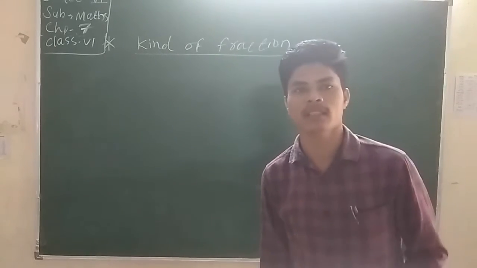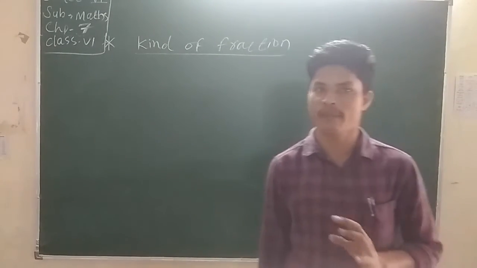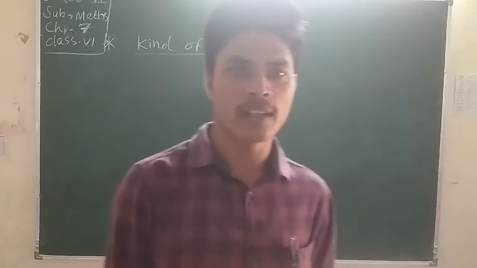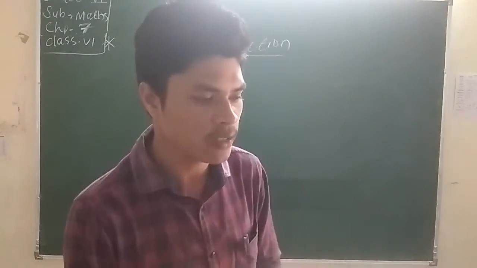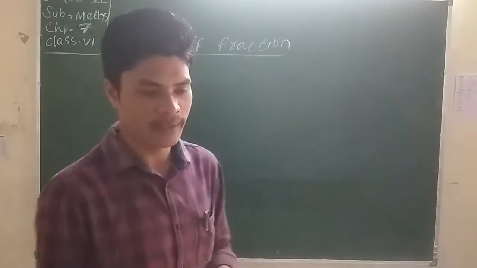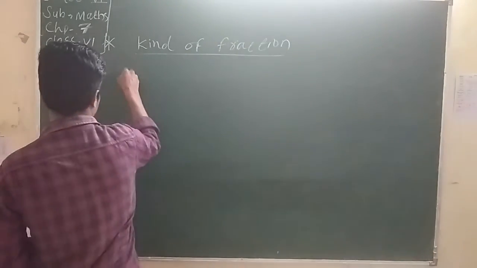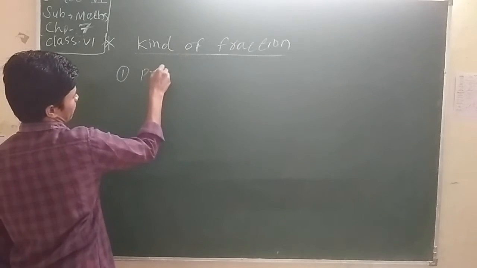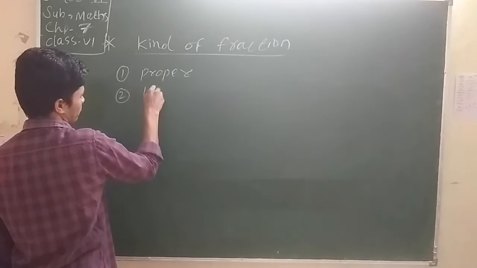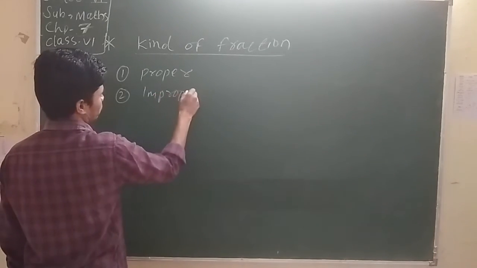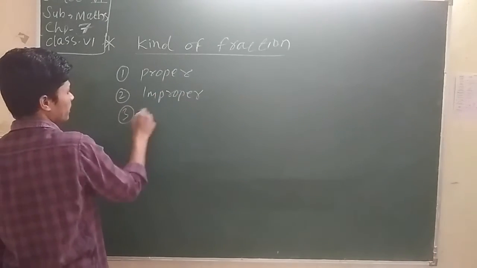What is called a proper fraction? A fraction having a denominator greater than the numerator is called a proper fraction. That means the denominator is always greater than the numerator. The kinds of fraction: first one is proper, improper, mixed.